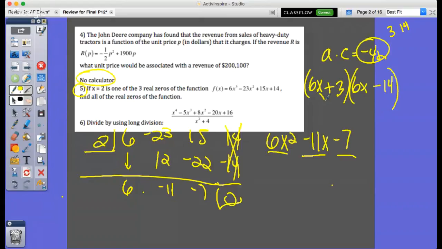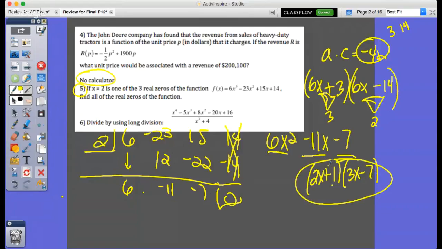And then what can I take out of this? 3, which leaves me with 2x plus 1, which is what Parker and Kendall said. And then what can I take out of 6x minus 14? 2, which would leave me with 3x minus 7. Good. There you are.